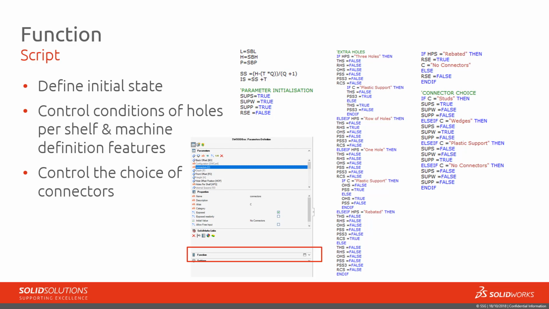Now on the screen as well, what I've done is I've included the code which is controlling the equal space shelves in the background. So you'll see the three aspects flicking up on your screen now, and as I say, what we've done initially is define the parameters, and that's controlling the suppression state of the plastic support, the wedges, as well as the studs and the rebated shelf extends.